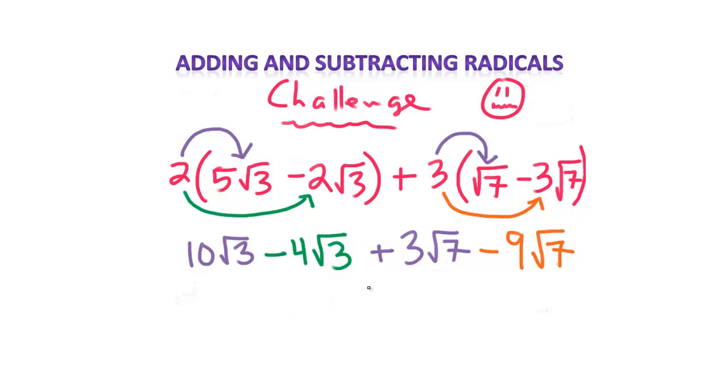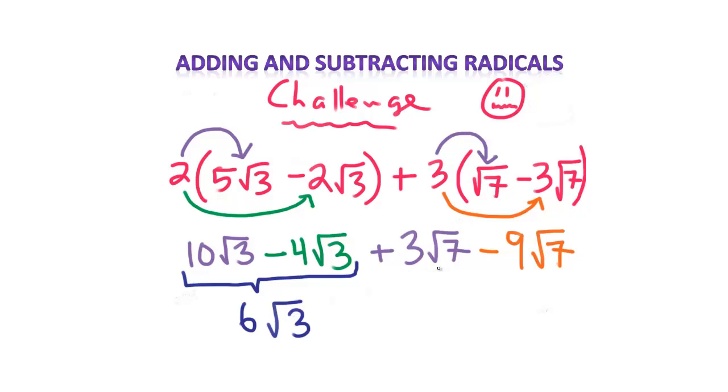Right, so now we can simplify a little bit more. So we have 10 radical 3 and minus 4 radical 3. So since they're both radical 3, I can combine them, right? So 10 minus 4 gives me 6 radical 3.